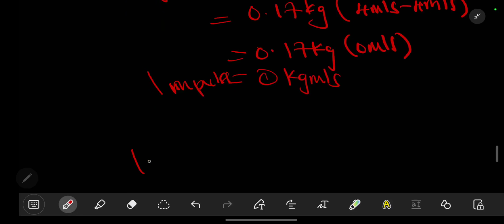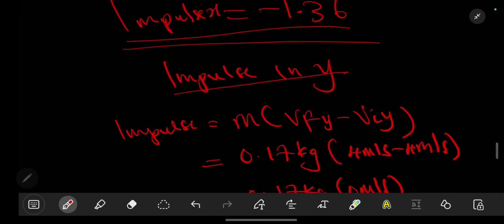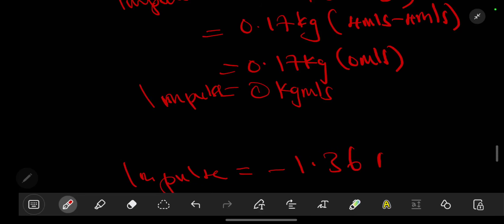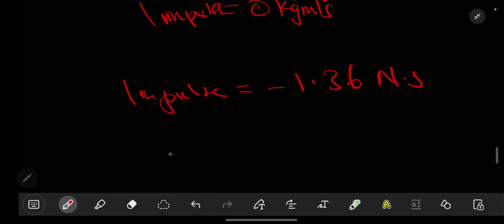So therefore we can say impulse should be equal to -1.36 Newton second, or if you want kg meters per second, it's still okay. That's our impulse.